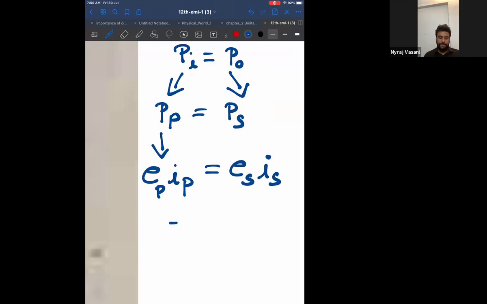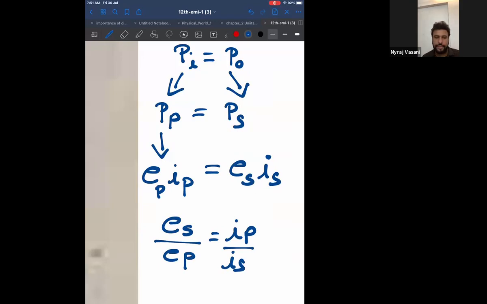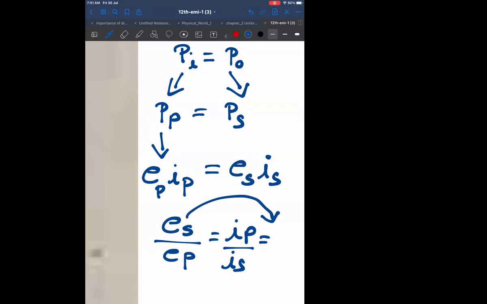Therefore, can I say ES by EP is equal to IP by IS? Till here, did you understand? But from your previous derivation, what was ES by EP? Can anyone tell me? From your previous derivation, it was NS upon NP.